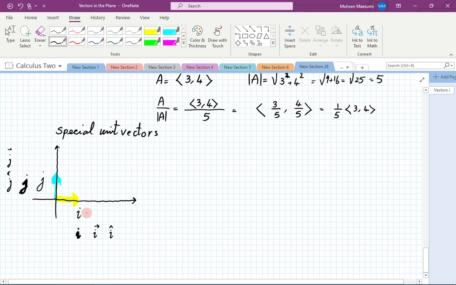Well, what is the vector i? Vector i going in the x direction is (1, 0). Who is vector j? It has no x component, but its y component is 1, so it is (0, 1). These are special unit vectors, sometimes referred to as standard unit vectors.